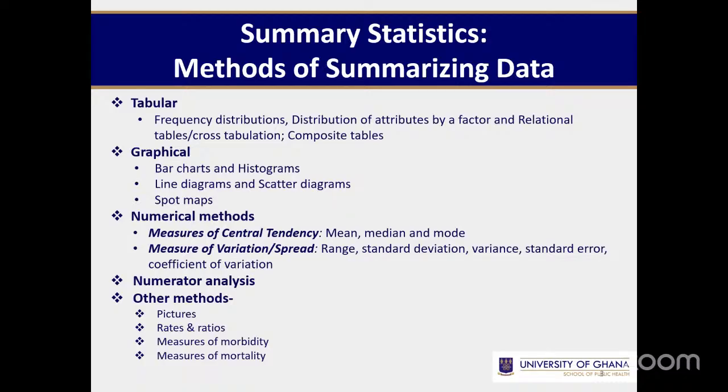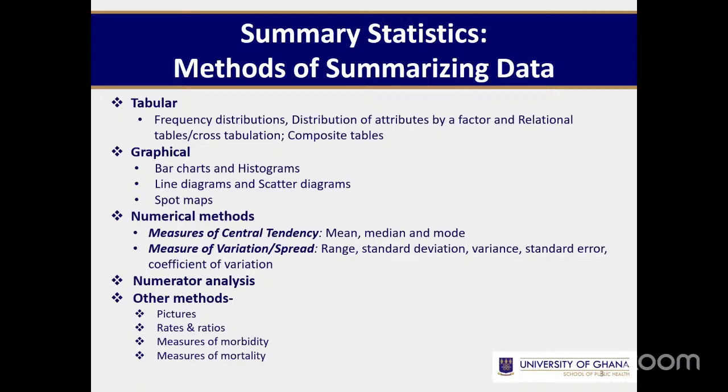In terms of the numerical methods, in a set of data, there are two things we look out for. To what extent are the data points aggregating to a center? That's what we call central tendency. At the same time, we also want to look at their spread.